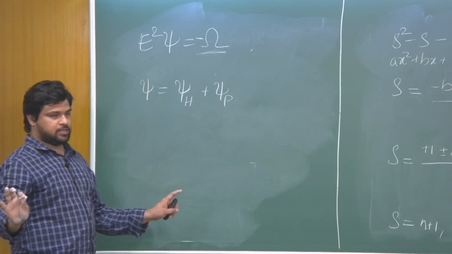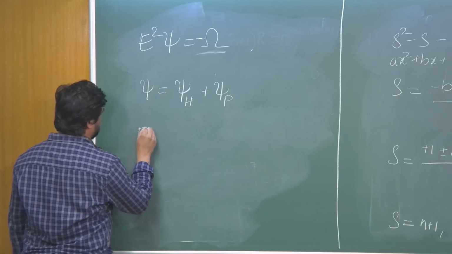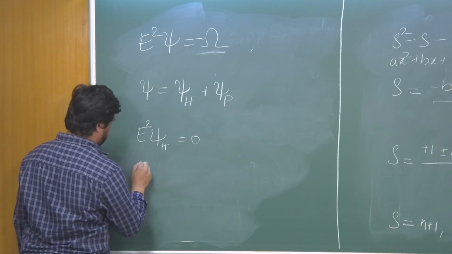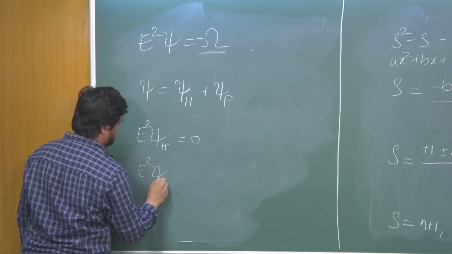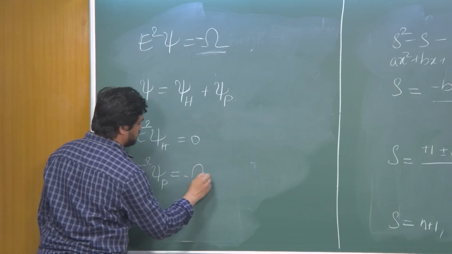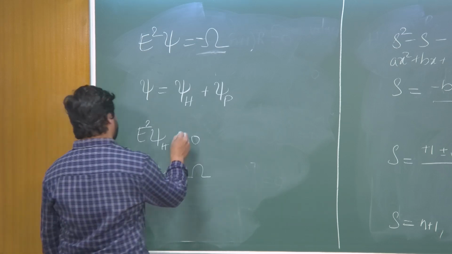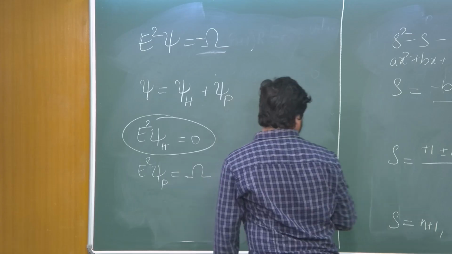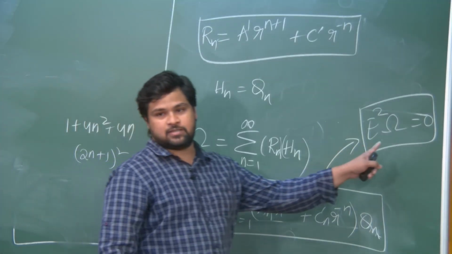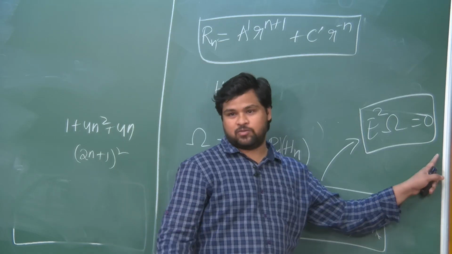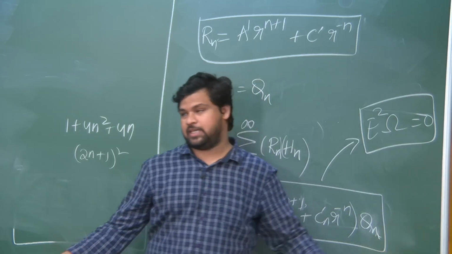If you split your equations, you will get e square psi h equal to 0 and e square psi p equal to minus omega, right. This equation is the same as that equation, but the variable is different, that is it.